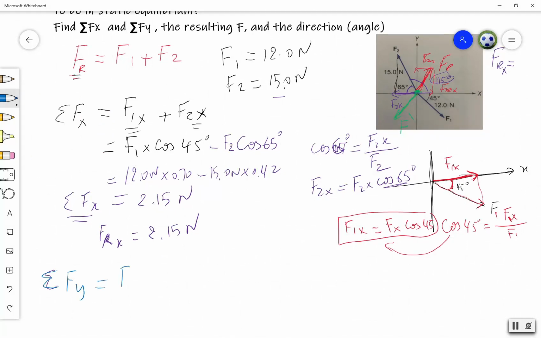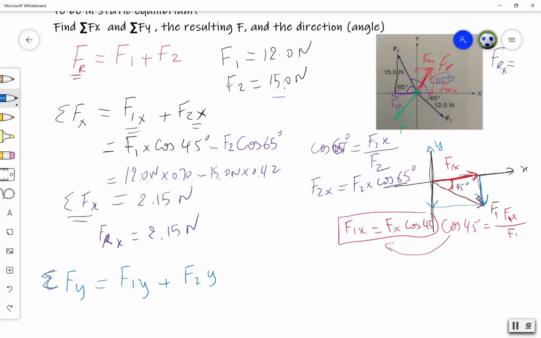So it equals basically F1y plus F2 in the y direction. Let's look at the F1y. This is F1, this is F1y. It's going in the opposite direction of the y-axis. So you can take this triangle or this one, these two triangles, this is the parallelogram method.